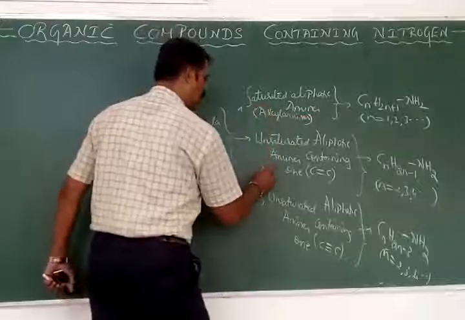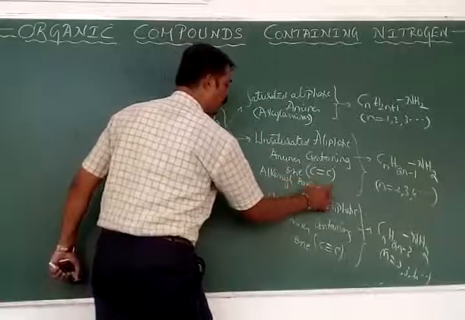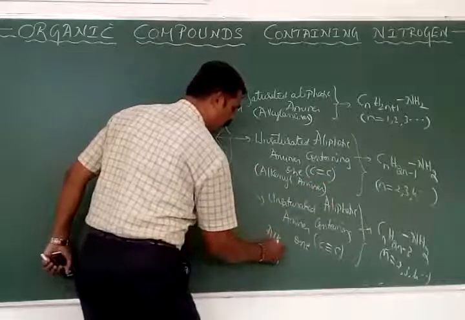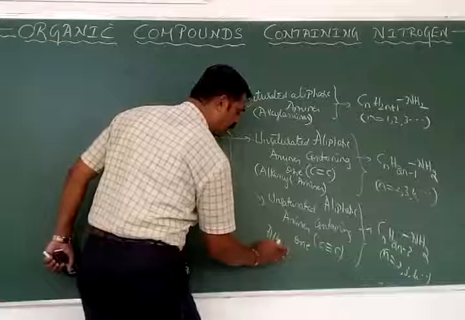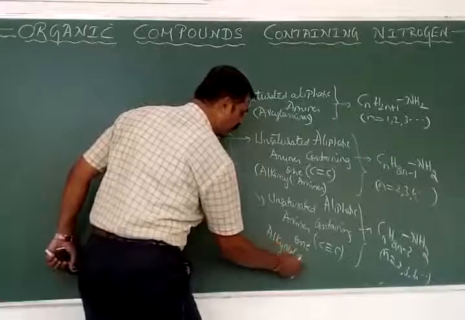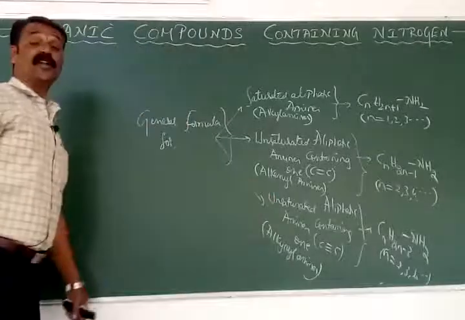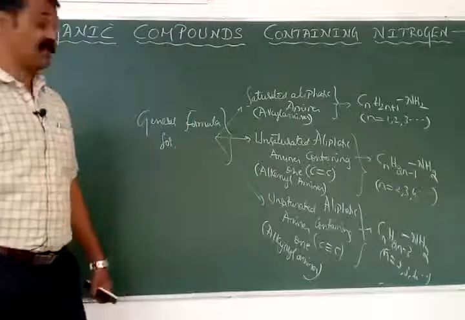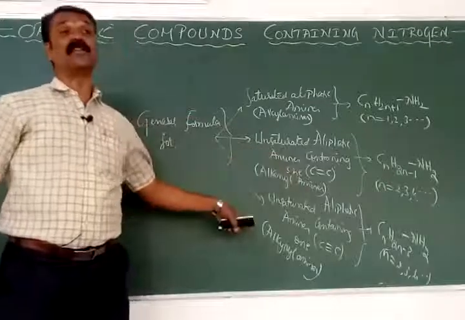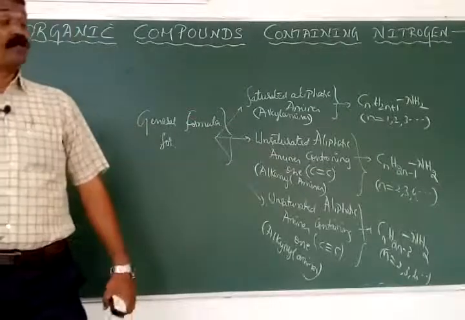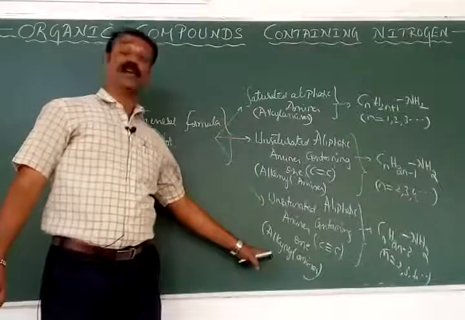This is also called alkenyl amines, and this is found to be the alkynyl amines. So those are the 3 different general formulas with respect to the aliphatic amines. Maybe saturated, maybe unsaturated containing a carbon-carbon double bond, maybe unsaturated containing a carbon-carbon triple bond, which are commonly called alkyl amines, alkenyl amines and alkynyl amines.